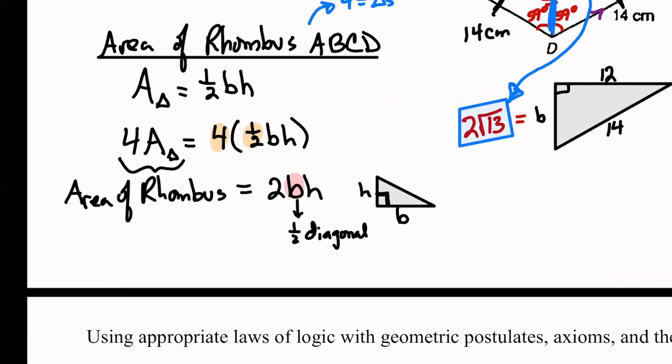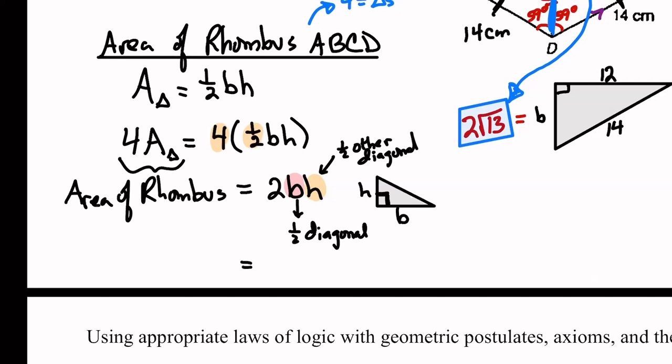And this other value, the height, is half of the other diagonal. So we have half the measure of a diagonal multiplied by half the measure of another diagonal.